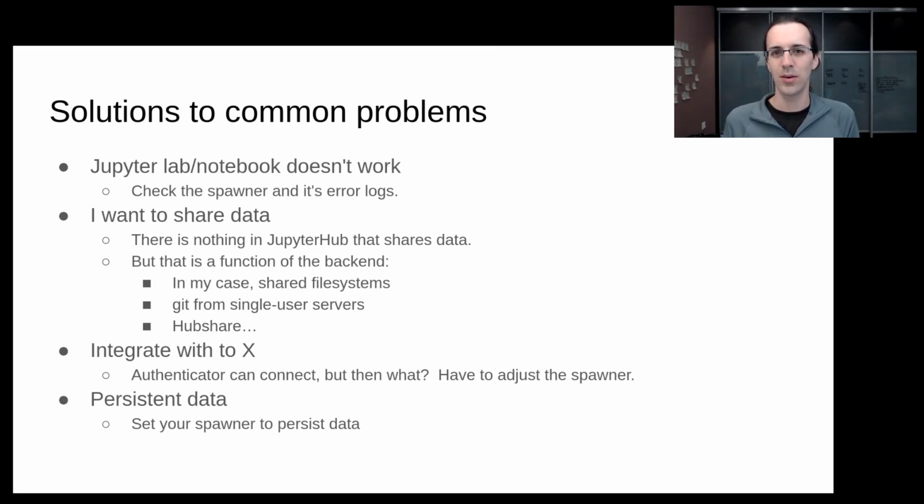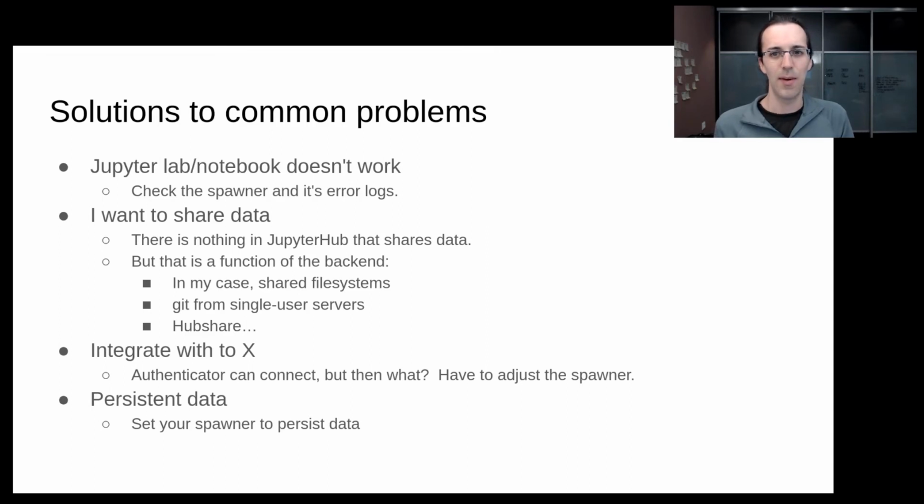In order to answer the question of what's wrong, you have to look at the spawner and see how it started the environment. Was it in Docker? Was it the Anaconda environment on the cluster? Was it something on the local system? And then go wherever that spawner goes and see what could be wrong there, configure it there, and so on. Of course, sometimes you have to configure this in the hub to tell the spawner to start it slightly differently, but, well, you can figure that out when the time comes.